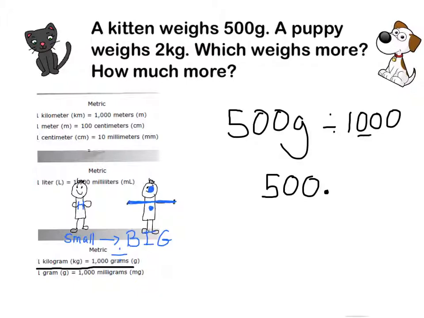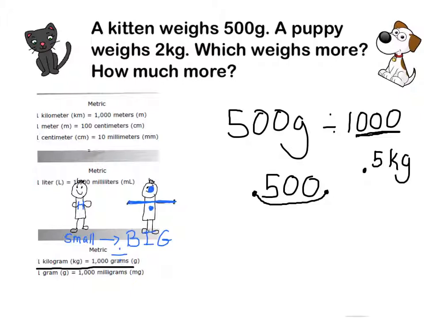And then we're going to look here. There's 3 zeros, that means I want to move the decimal point 3 places. Now, if we're dividing, that means our number is going to get smaller, so we'll move it to the left so it'll make the number smaller. 1, 2, 3 places. So it will be equal to 0.5 kilograms.